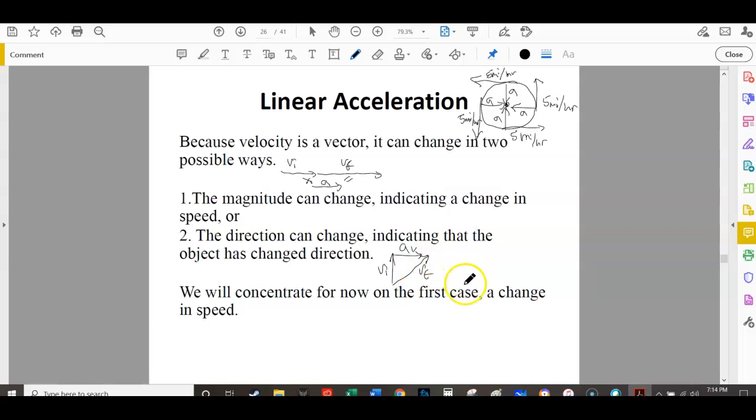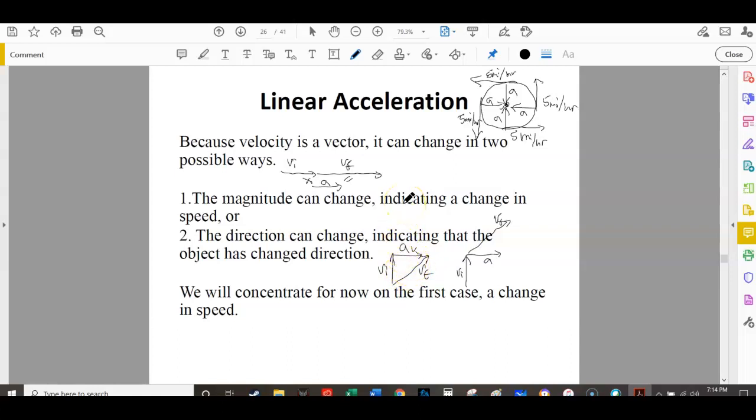So that means you would be moving up and to the right initially, and then you have a final velocity vector that is going to be up and to the right. That means you had to have an acceleration vector being added to your initial velocity vector to be equal to the final velocity vector.